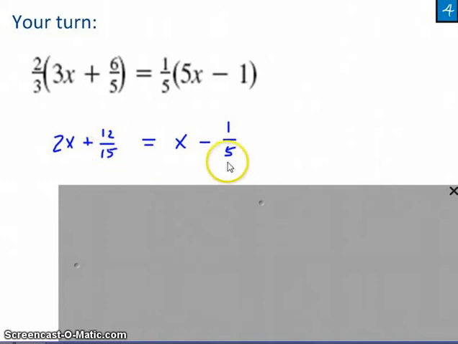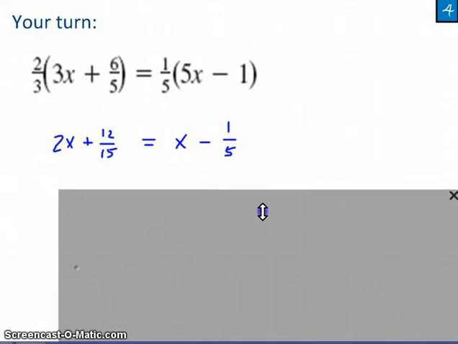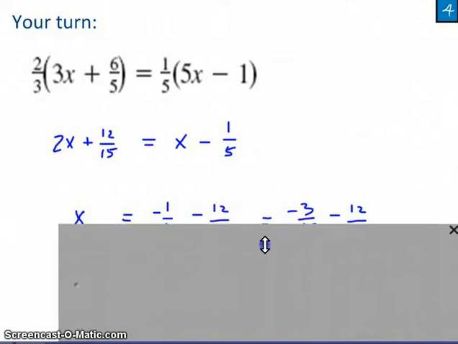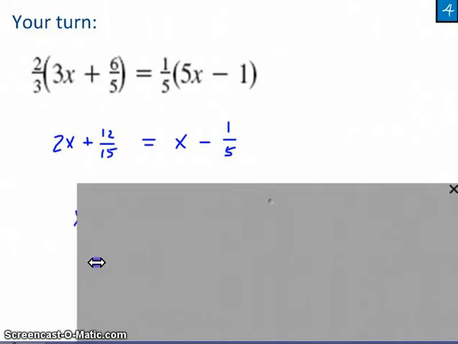Now, as I say, I ended up using 15 as my denominator. If you'd used 5, the problem was actually easier to deal with, but I'll show you what to do if you did use 15. You've got to get the x's on the same side. I move this x over by subtracting, so my left side is now just 2x minus x, which is 1x.